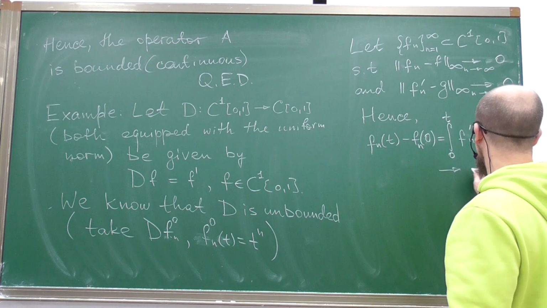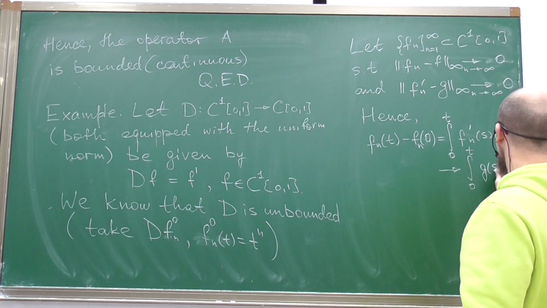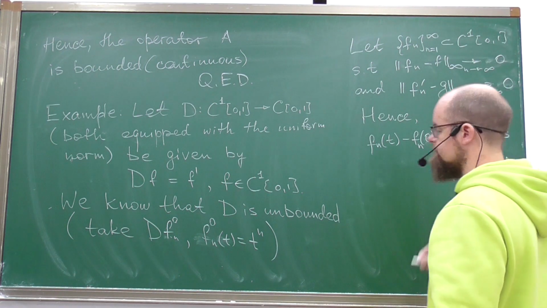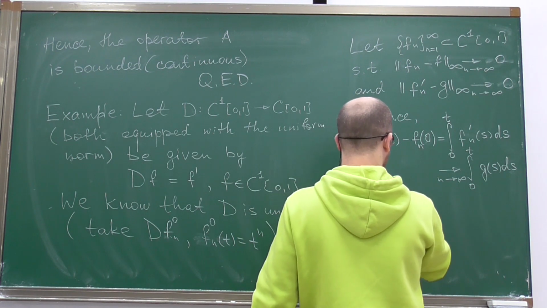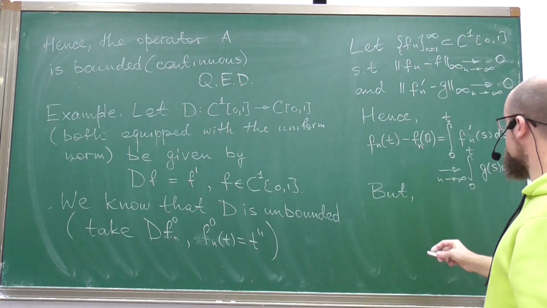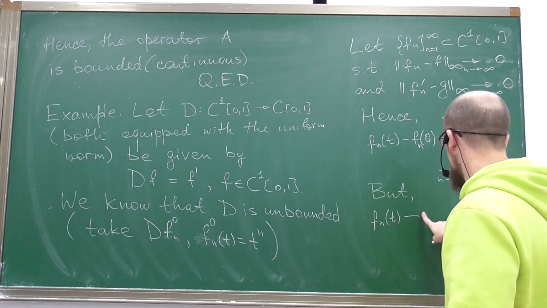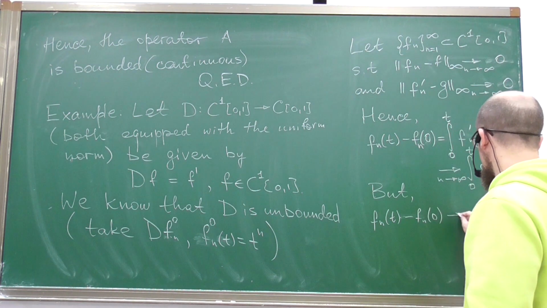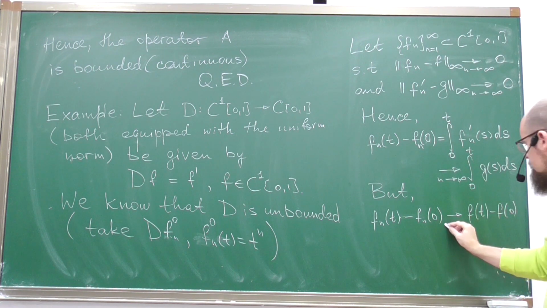These converge uniformly to the integral of g of s ds. On the other hand, the left-hand side converges to f of t minus f of 0.